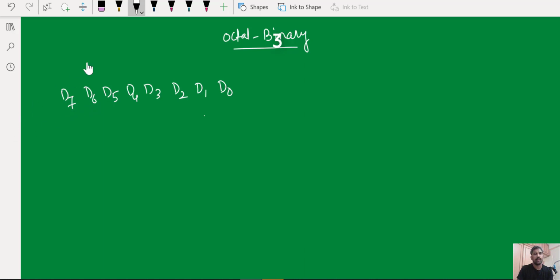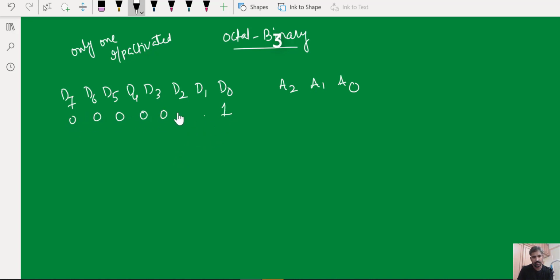As I said, at a given instant of time only one input is activated, and you're going to have 3 outputs: A2, A1 and A0. So the moment I press D0, it is 1, meaning it is pressed, and the rest will be 0. That means those are not pressed. So you are going to get all zeros as output.